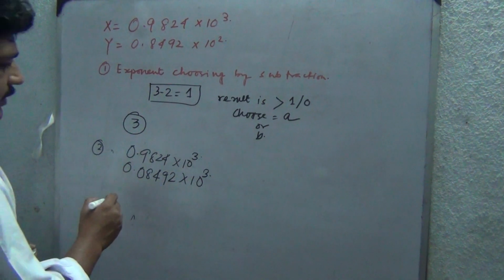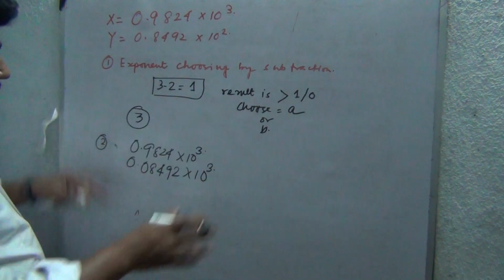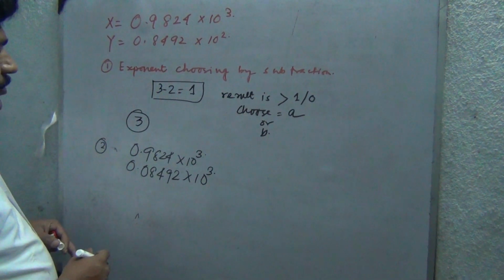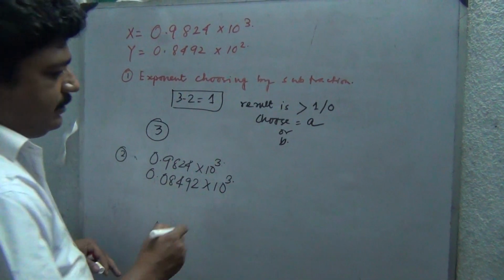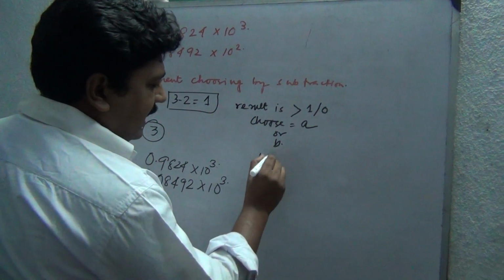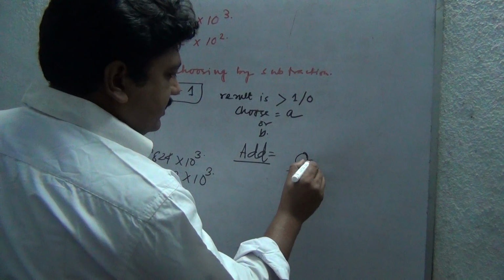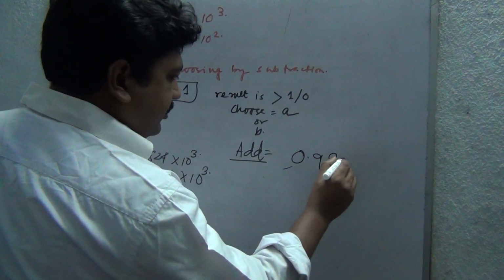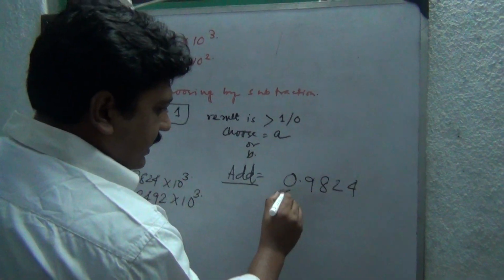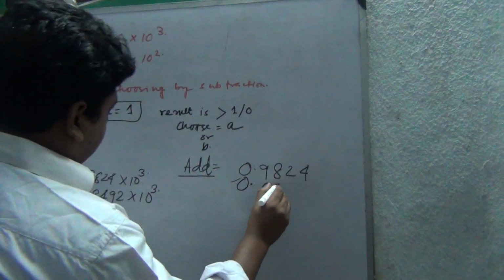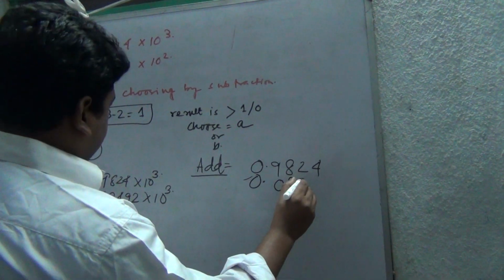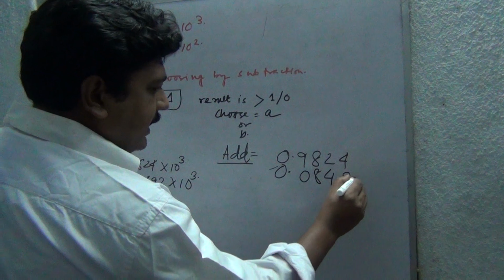Then alignment of mantissa. If I want to add, the alignment is 0.9824 and 0.08492.